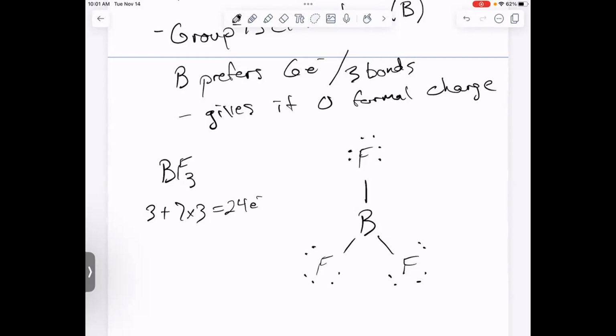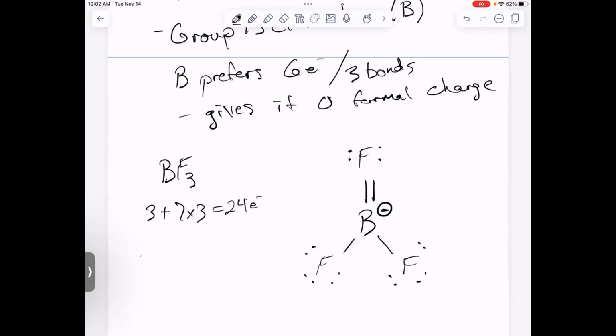The difference here is boron at the middle. If I leave it exactly like it is right now, everything has 0 formal charge. And boron would prefer to keep it that way than to try and make a multiple bond to get to an octet. And there's one other reason why boron doesn't do this. If I wanted to make a double bond here by moving a pair of electrons, in terms of formal charges, that means boron is going to have a negative formal charge, right?